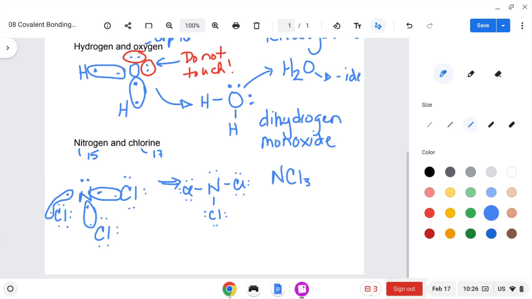Now, if you do, that's fine. I'm not going to take off marks for that. But we just don't tend to. So we're going to call this nitrogen. And then for chlorine, it's the second element. I have to use that IDE suffix. And I have 3 chlorines. So I write in trichloride.